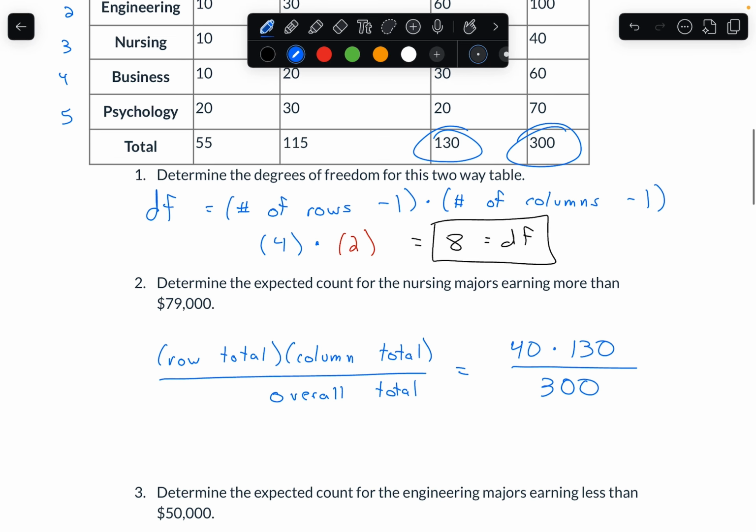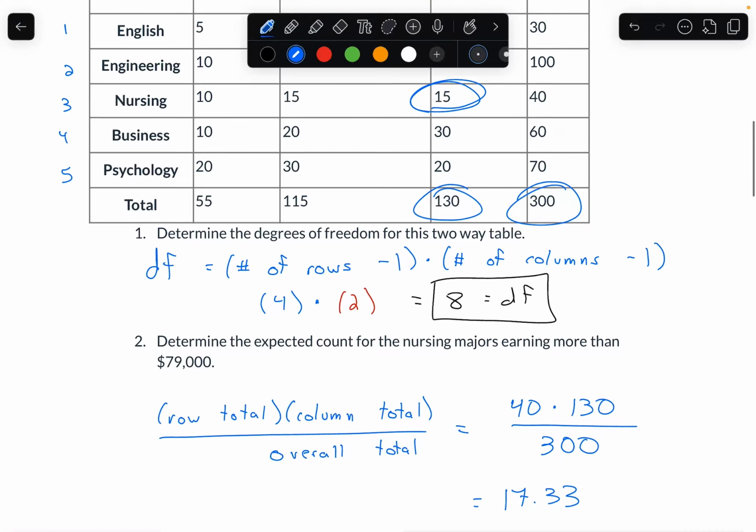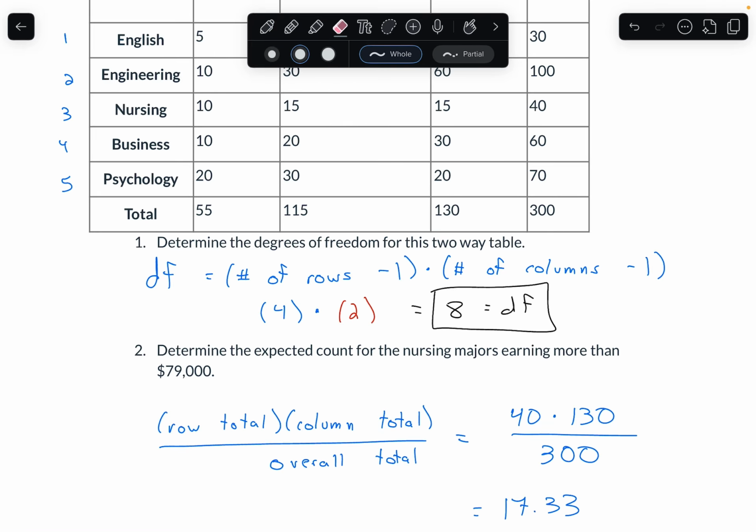I ended up with 17.33. I like to round to 2 decimal places when I'm calculating expected counts. If you wanted to say, oh, you can't have 0.3 of a person, and round to the nearest whole number, I think that's certainly fine. That's a reasonable take.